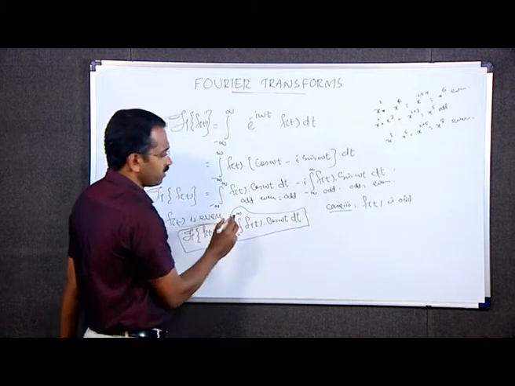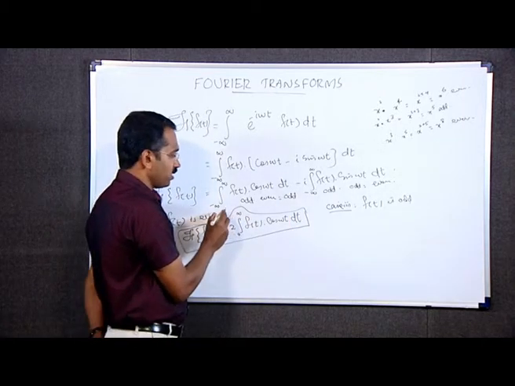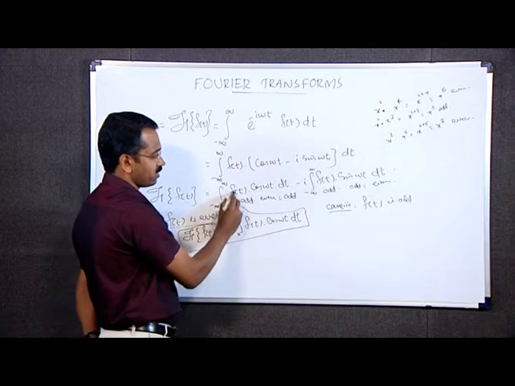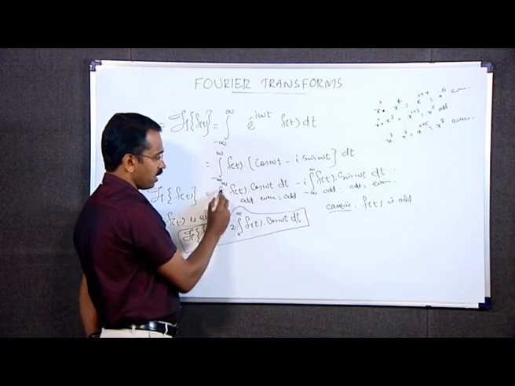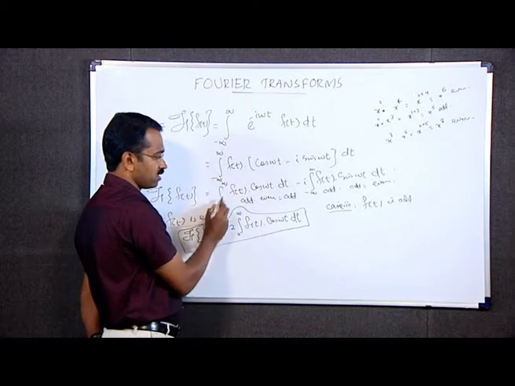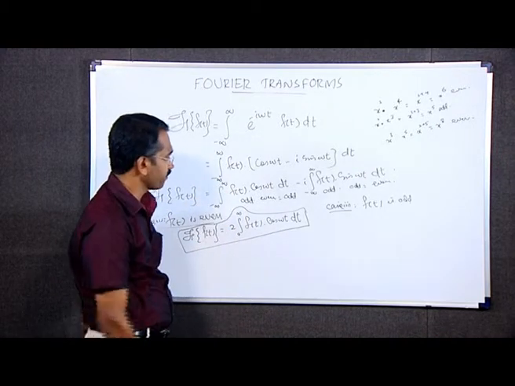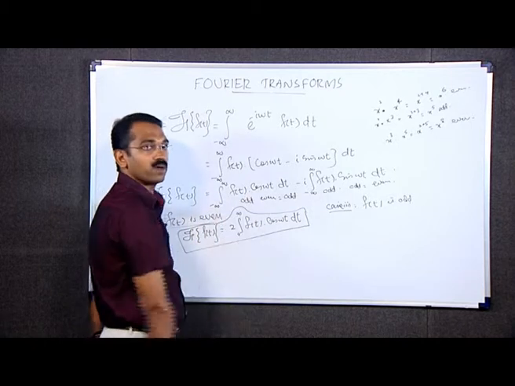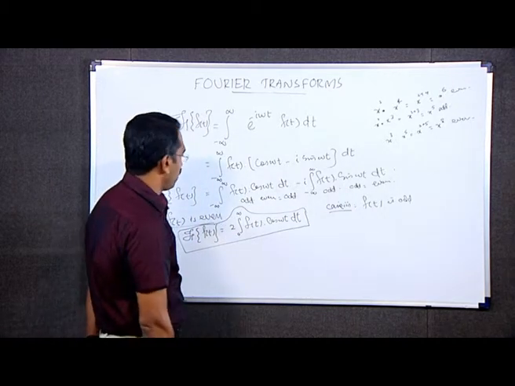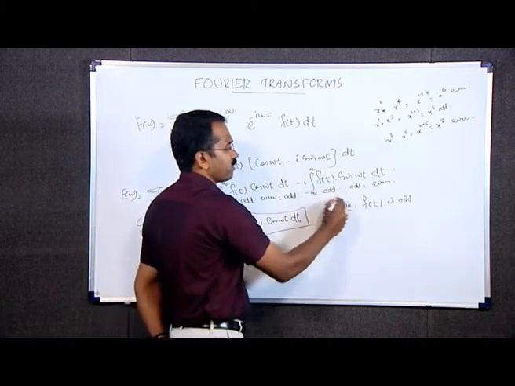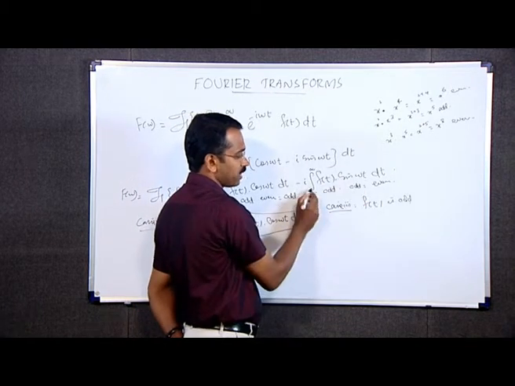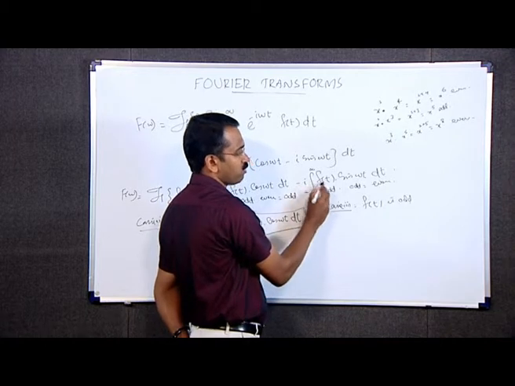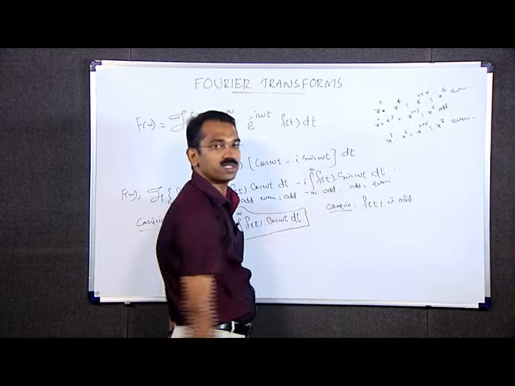Therefore, by the property of definite integral, since here the integrand is an odd function and the limits of integration are minus infinity and plus infinity, the value of this integral will become 0, and this will become 2 times integral from 0 to infinity f of t into sin omega t dt.